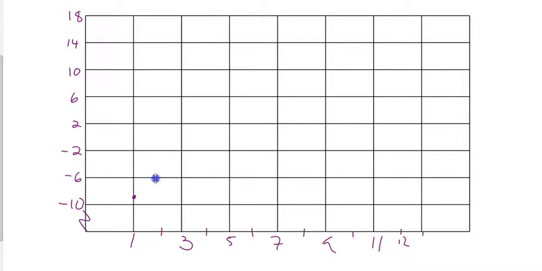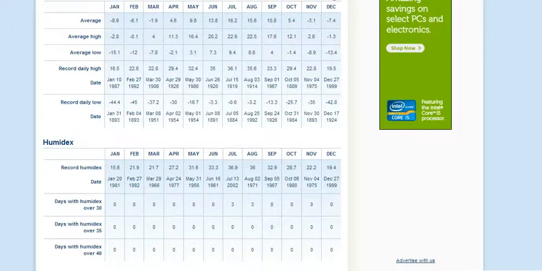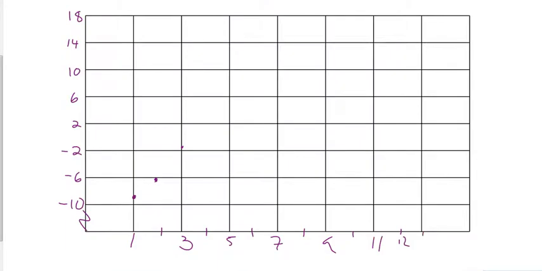Negative 6.1, negative 1.9. 4.6, 9.8, 13.8.